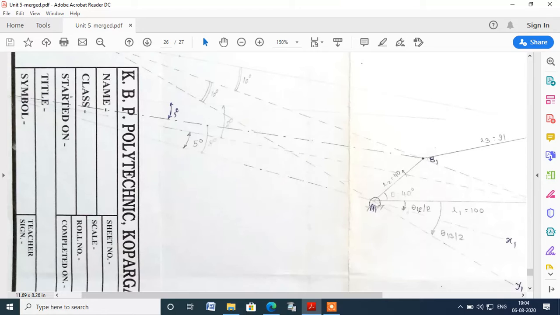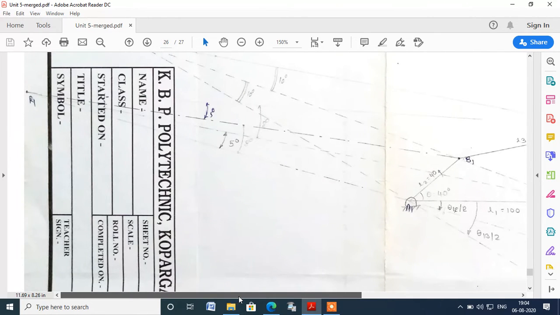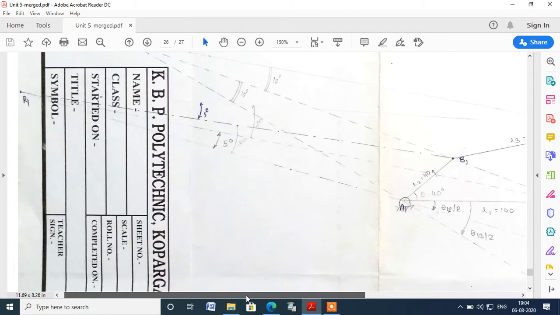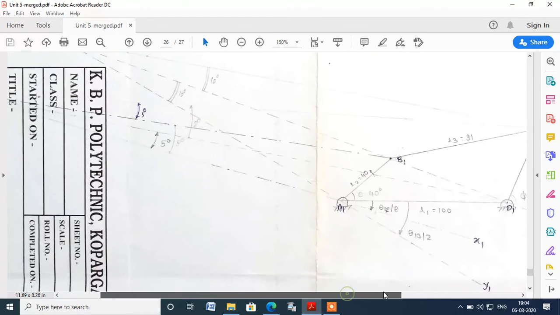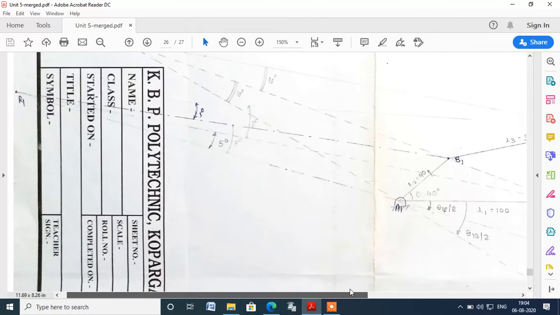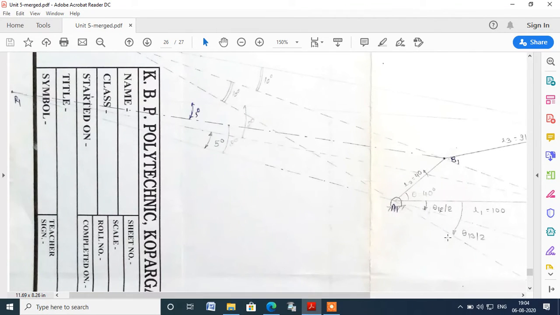Let us say this line is X1 R1, such that the angle from A1 D1 is theta 12 by 2.